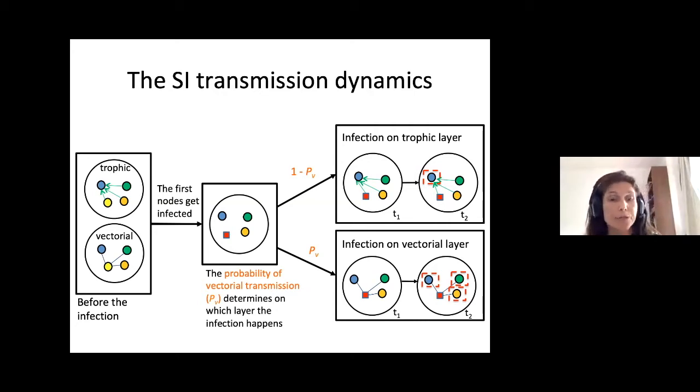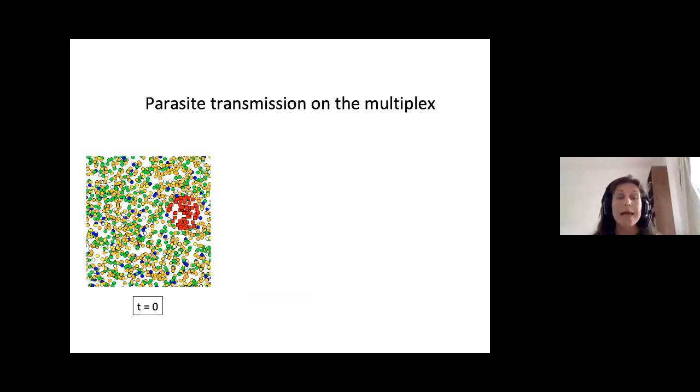The probability of vectorial transmission, PV, is a free parameter, and it will determine on which layer the infection happens. If it's on the trophic layer, then the links are directional, and in this case, it's only the blue circle that can be infected. But if it's on the vectorial layer, then the red square can infect any of the other 3 circles. And this is how we begin the parasite transmission simulations.